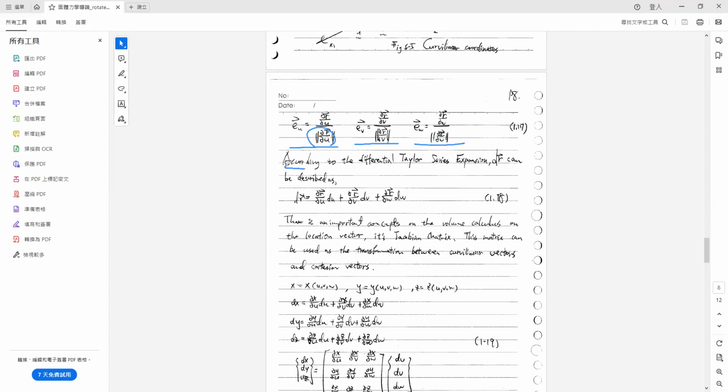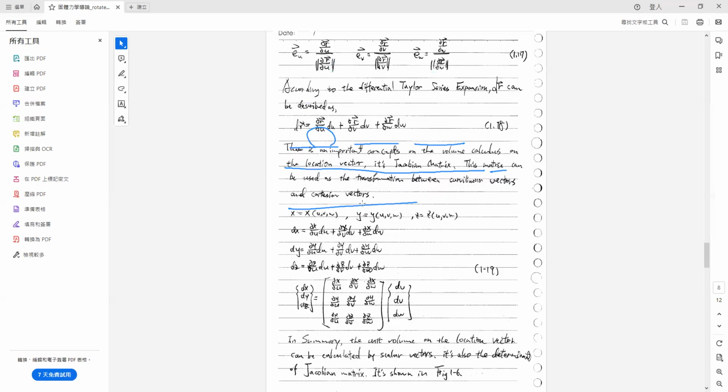According to the differential Taylor series expression, vector r can be described in this form. And then we can get an important conclusion: the Jacobian matrix.